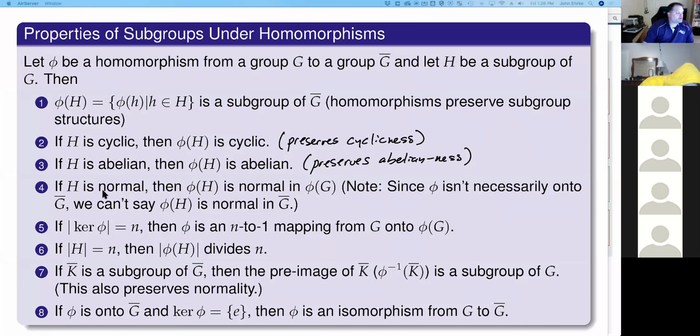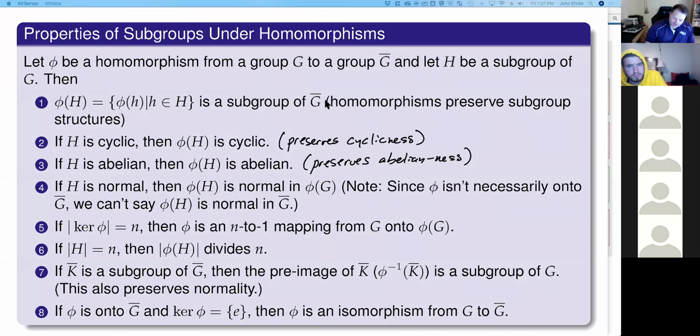Now, it also preserves normality, but I want you to understand that if I have a normal subgroup of the domain, then I'm mapping it to a normal subgroup, not of the range, but of the image of the domain.